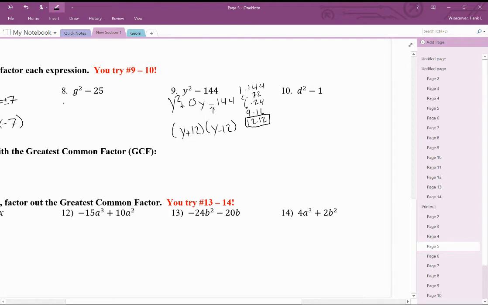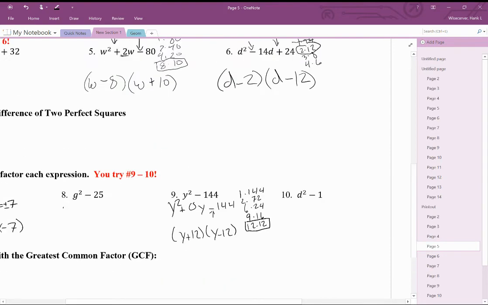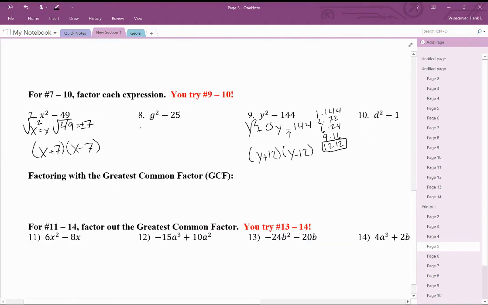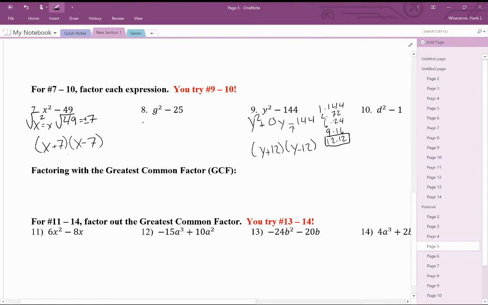So again, doing it this way takes a little bit longer, but for some people it might help you realize that we're doing the same process as we were up here. We just don't have a middle term. Our middle term is 0, so they're combining to get 0. Whereas this one, you just find the square roots, and this is the format that you're going to have every single time: x plus the number, and then x minus the number.